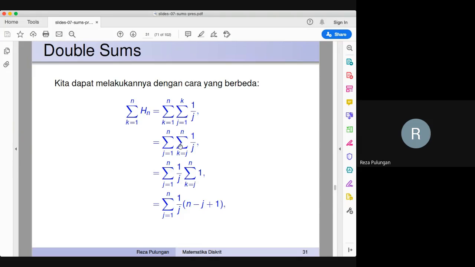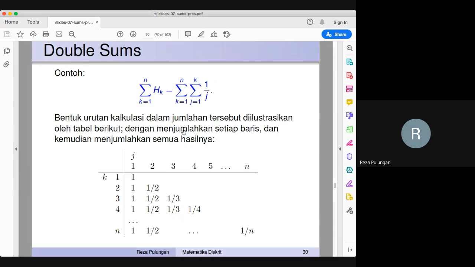So right now, k is equal to j until n. What does it mean actually? For example, k is equal to 4 until n.